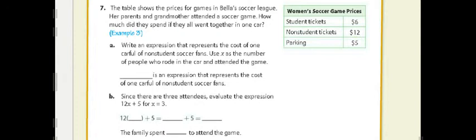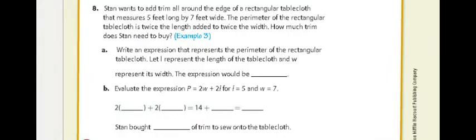Number 8. Okay, for number 8, Stan wants to add trim all around the edge of a rectangular tablecloth that measures 5 feet long by 7 feet wide. The perimeter of the rectangular tablecloth is twice the length added to twice the width. How much trim does Stan need to buy? So for A, you're going to write an expression that represents the perimeter of the rectangular tablecloth.